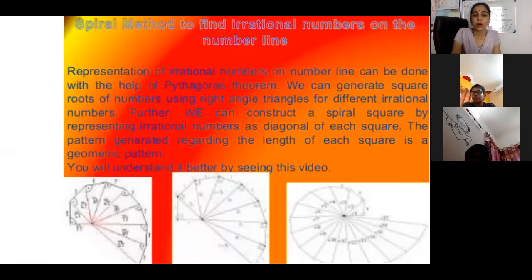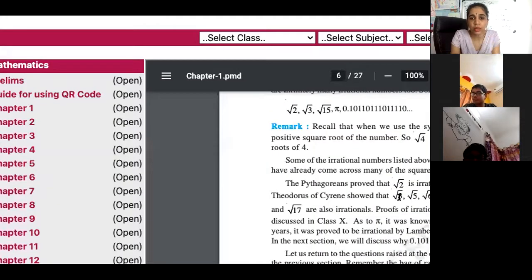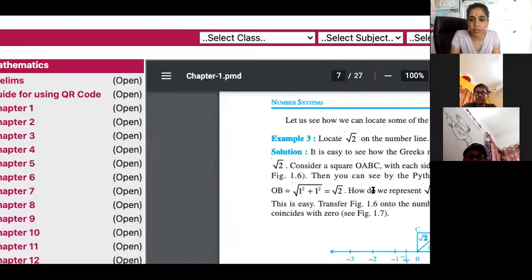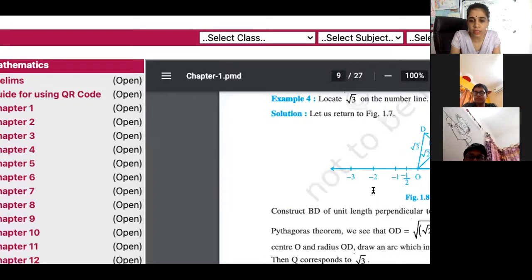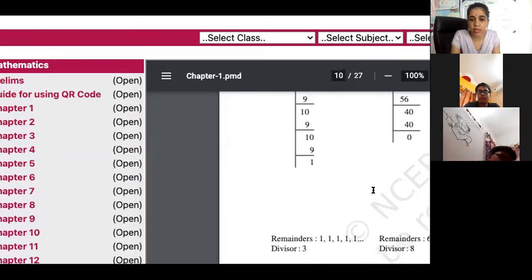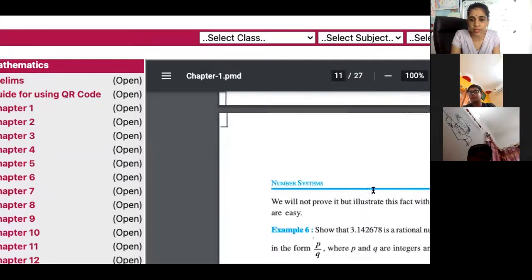See, okay, have you ever done the spiral method of finding irrational numbers on the number line? Is that given in your textbook? See, I have this one. Let me check. It is given, but before which exercise is it given? It is in the last, right? The last exercise.